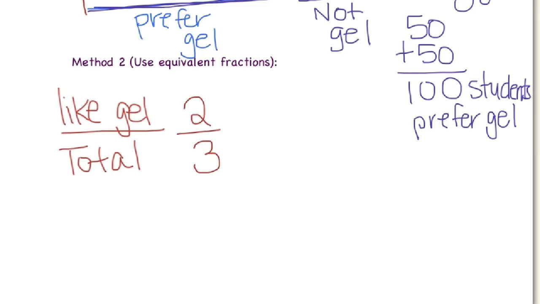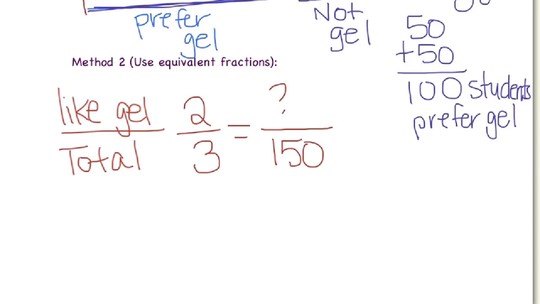When we use equivalent fractions now, we're going to set this equal to another fraction. And our total is going to be 150 because the problem said that Heritage Middle School has 150 students, so that's our total. The part that we don't know is out of those 150, how many of them would like gel?